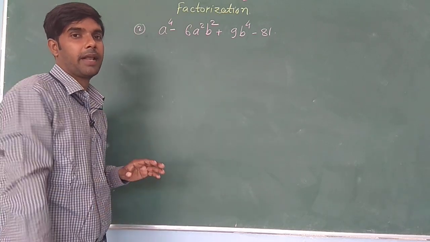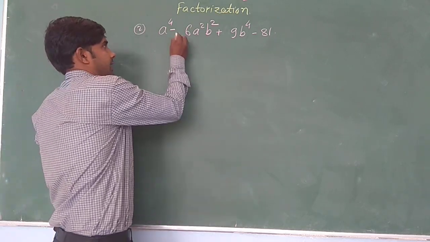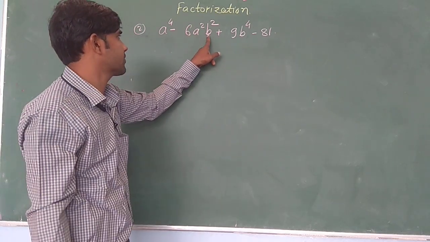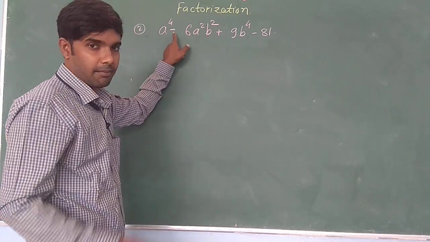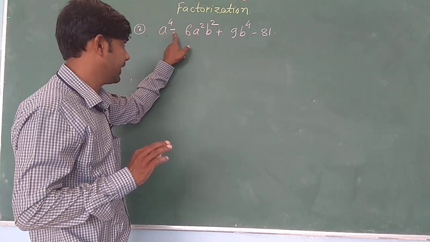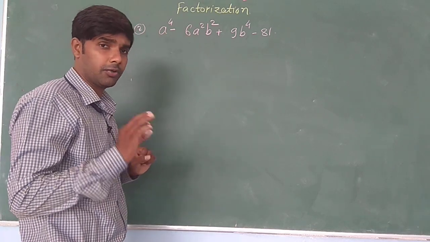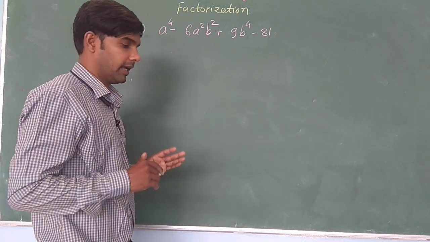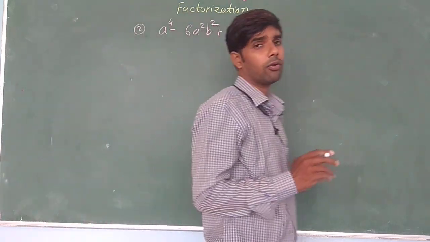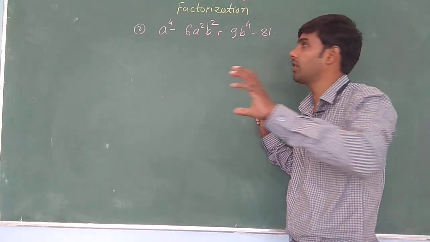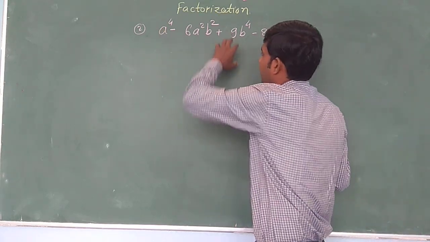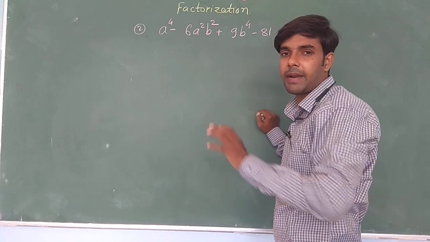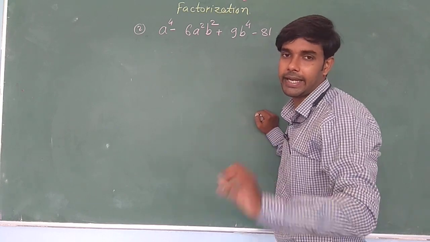The second, a minus b bracket square, because the middle term, 6a square b square, has a negative sign. I have told you that you have to find the square root of the first and the last, that is the third term, and then apply a minus b bracket square. That is our second identity.